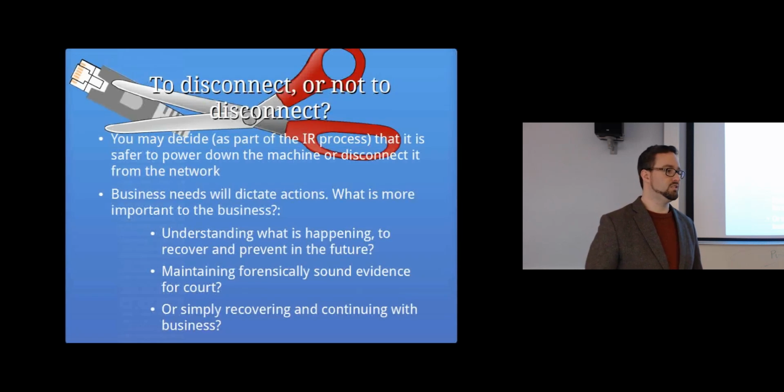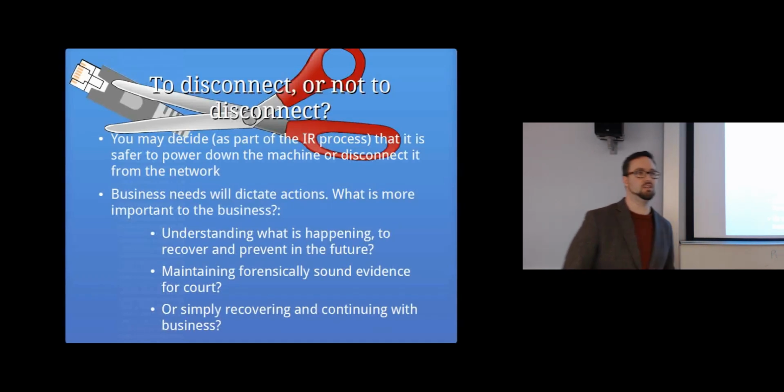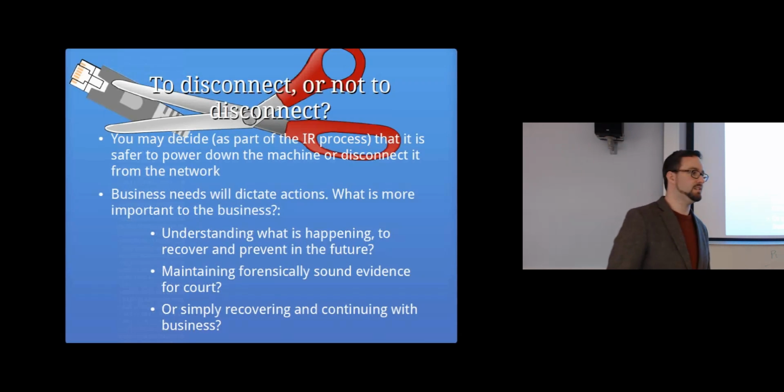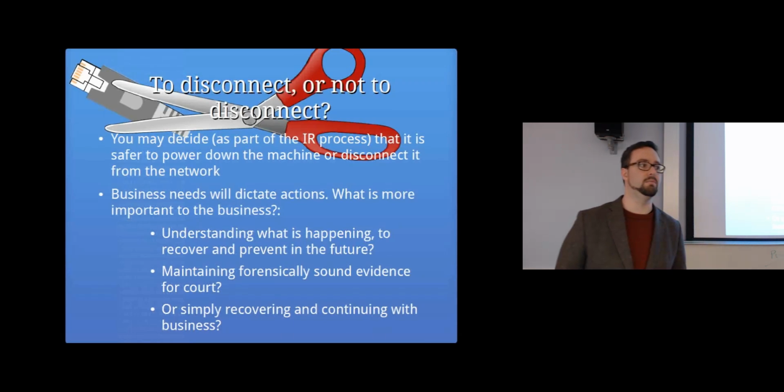Most organizations aren't going to care about that as much as maybe people who do forensics would like them to. If you're looking at it purely from a security point of view, then often the quickest thing to do is not necessarily the best for collecting the evidence for trial.